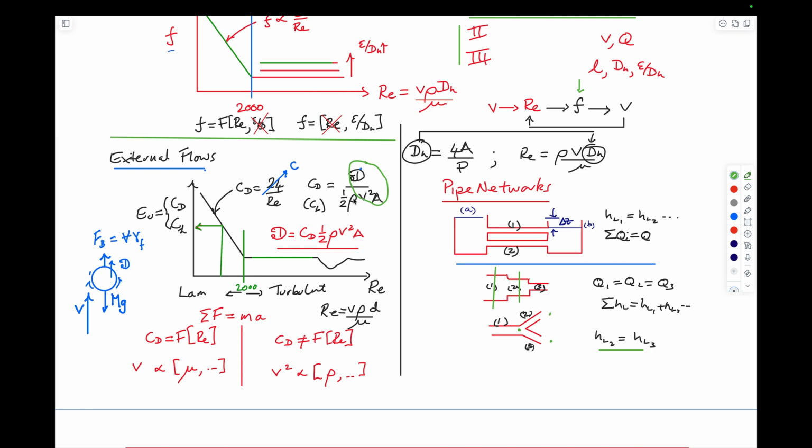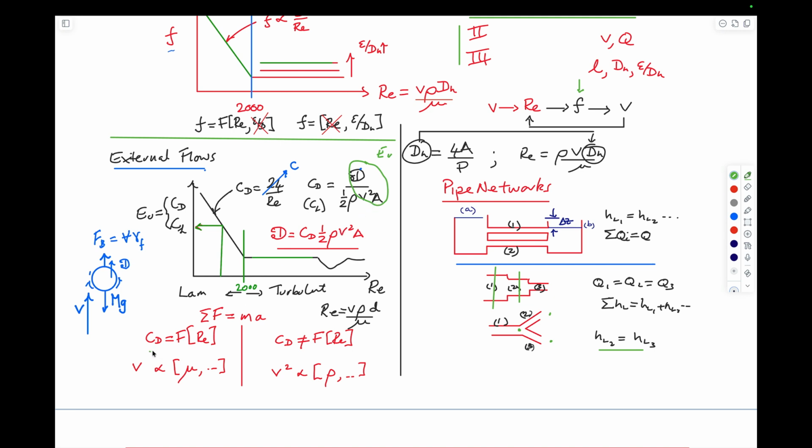So this is pressure over rho v squared, which is the Euler number which we have on this chart. So if you have a coefficient of drag, then you're able to calculate the force that acts on a structure if you know the fluid density, the velocity at which it's moving, and also an area of the system. This would typically be the planform area to calculate.